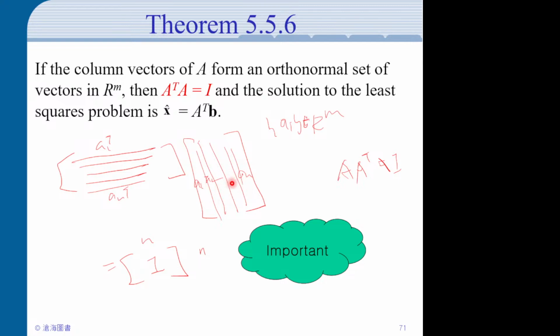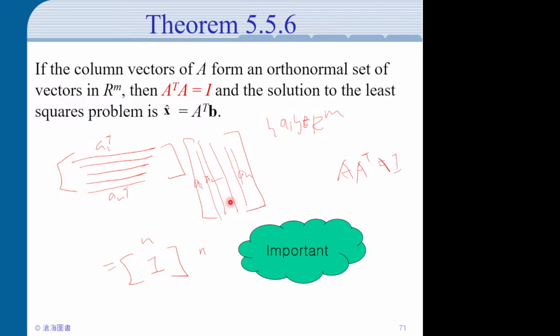They are linearly independent, but you just don't have enough of them. If you want an actual basis for Rᵐ, then you need to find the other vectors.